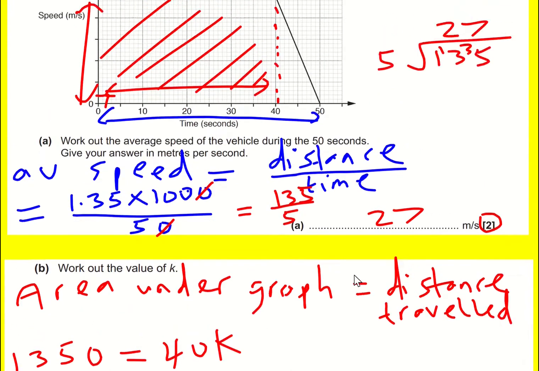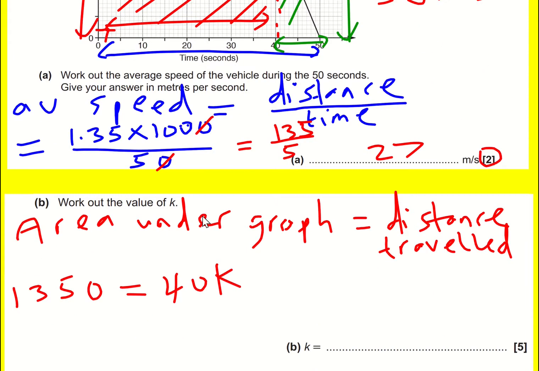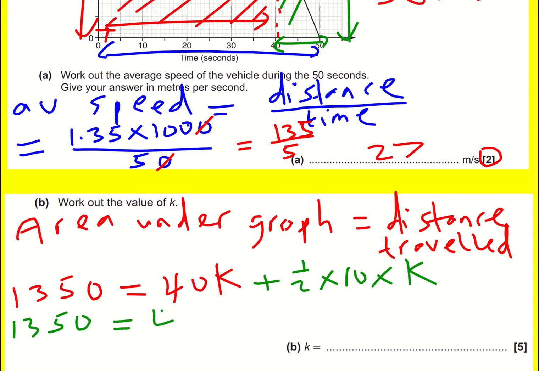But we then also need this triangular area. And for that I've got a base of 10, and I've still got height of k. So half base times height, and I'm going to be adding it, remember, so it's going to be a half times 10 times k. Half of 10 is 5, so it's going to be 5k, add the 40k, it's going to give us 45k.